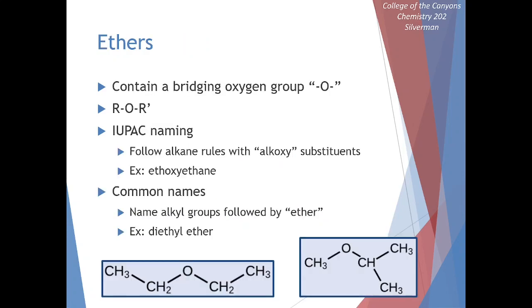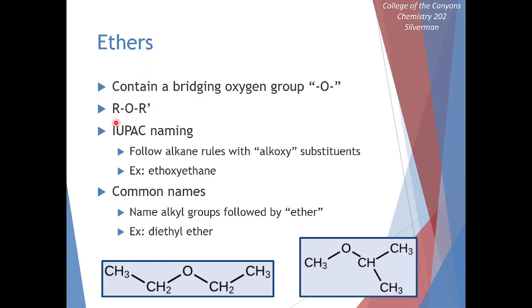All right, moving on to our second functional group, we can have ethers. We can have oxygen in our organic molecules, but not as something sticking off the end or off the side. We can have oxygen as part of the chain, as a bridging atom. When we have this bridging oxygen, we call this an ether.